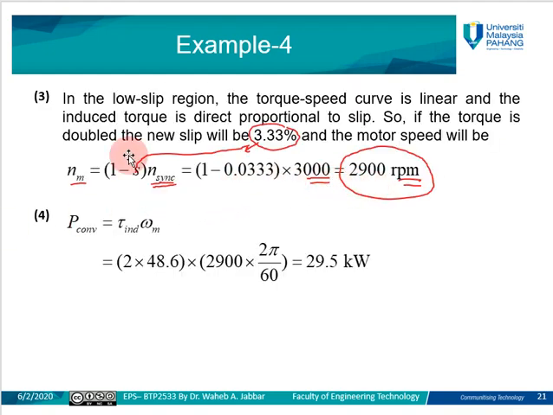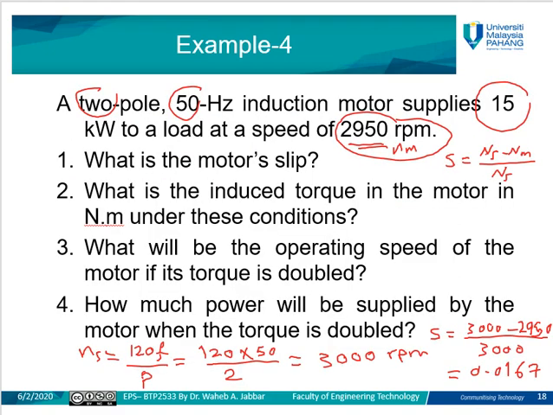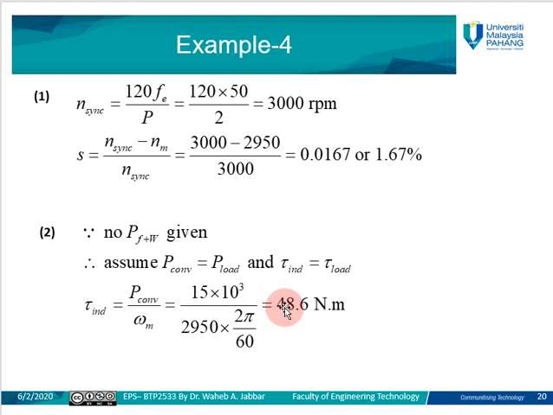Okay, the last question: how much power will be supplied by the motor when the torque is doubled? That means the torque becomes times 2. So this is the torque, 48.6 times 2, so it will become 97.2.